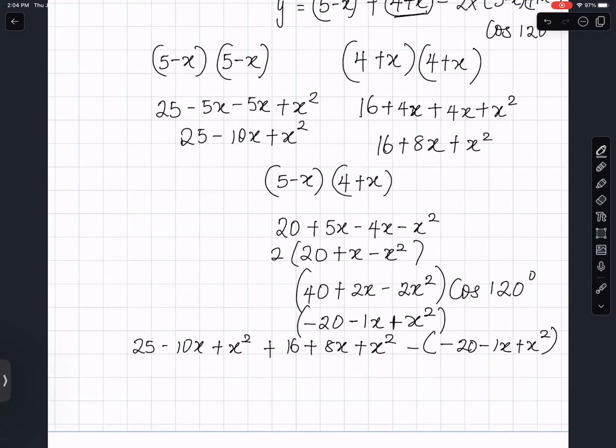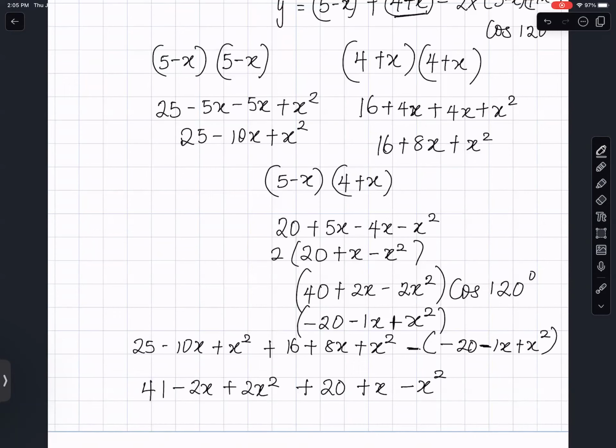Then I collect like terms. I have 25 plus 16, that gives us 41. Then minus 10x plus 8x gives us minus 2x. Then x squared plus x squared gives us plus 2x squared. Then I'll use this minus to open up the bracket. So minus 20 gives me plus 20. Then minus x gives me plus x. Then minus of minus x squared gives me plus x squared.